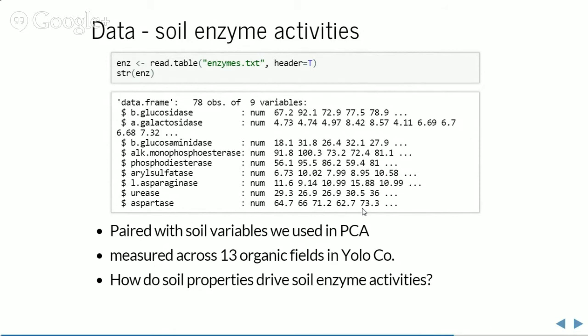So you might be asking a question, really generally, how does this set of environmental variables drive the community composition that I'm seeing across a range of sites or conditions.